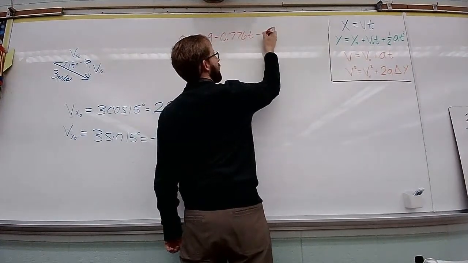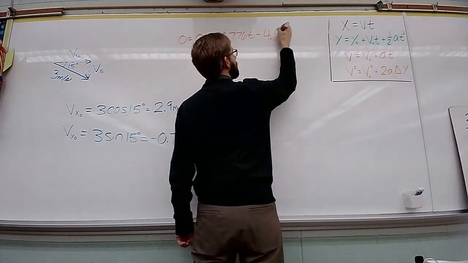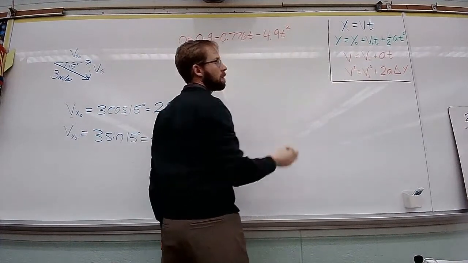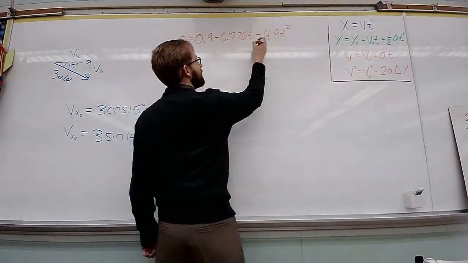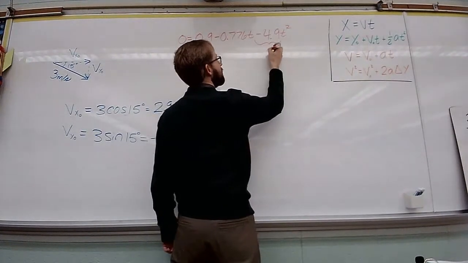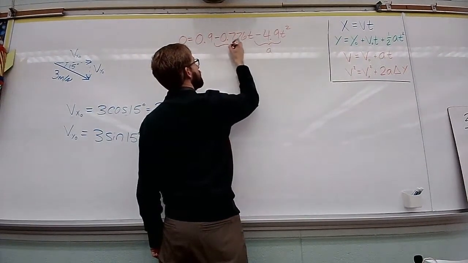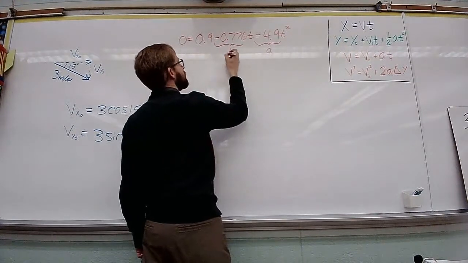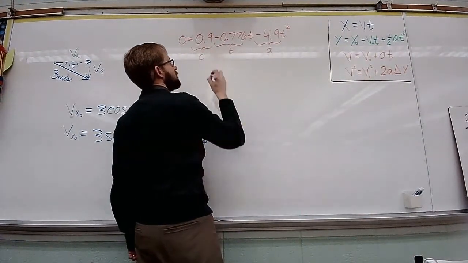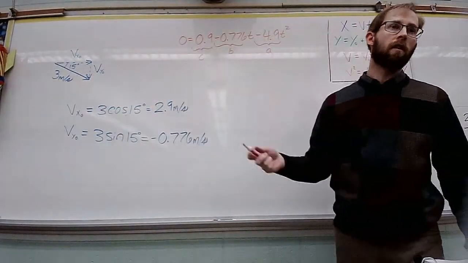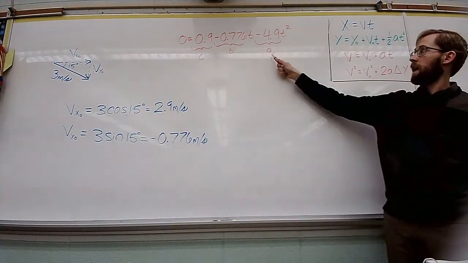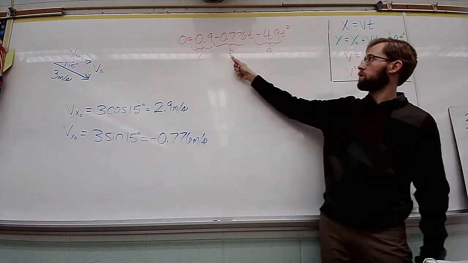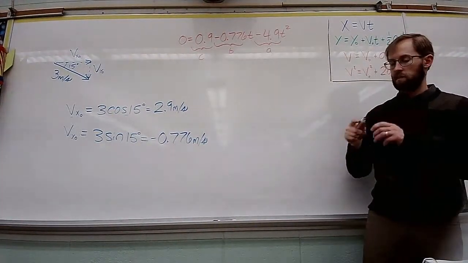And then 1/2 at squared looks very familiar. It'll always be that value as long as you're on Earth. You do need to make sure that when you're plugging this into the quadratic that you are including the negatives where appropriate. So for your A, that's negative 4.9. For letter B, that's negative 0.776.